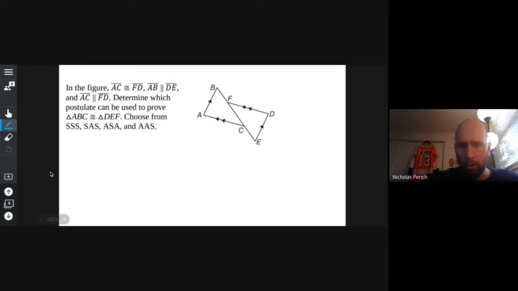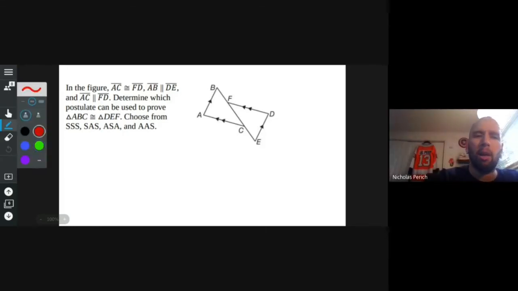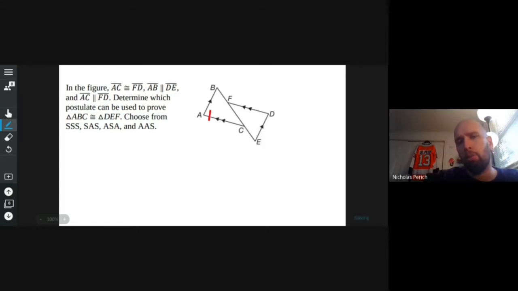In the figure, AC is congruent to FD. So let's write that out. And then we have... Now, this is an ugly problem.